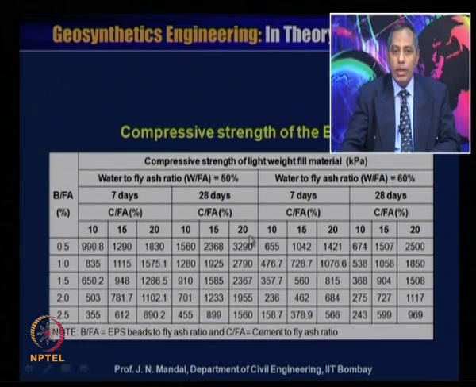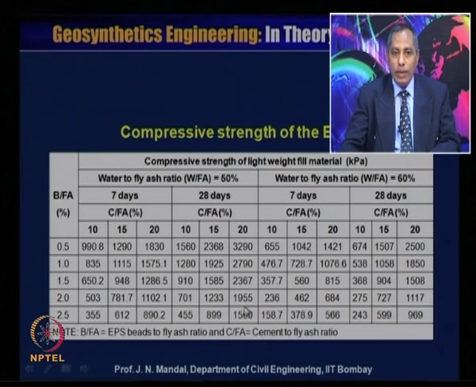Then when it is the cement to fly ash ratio 20%, then compressive strength value 3290. For the 28 days curing, you can see that compressive strength of the lightweight fill material is dramatically increasing from 1560 to 3290. And this is the water to fly ash ratio for 50%.